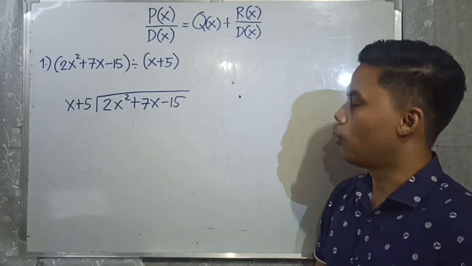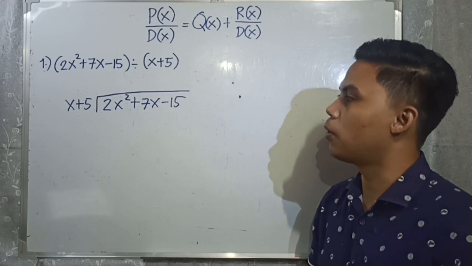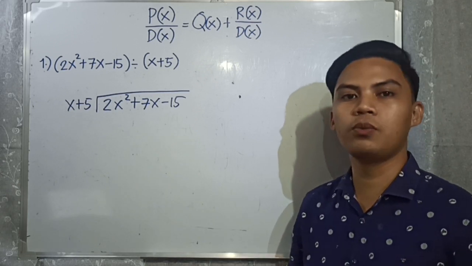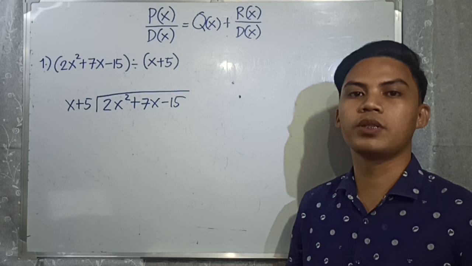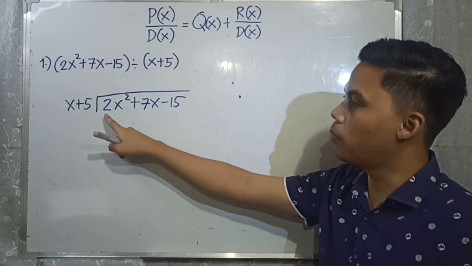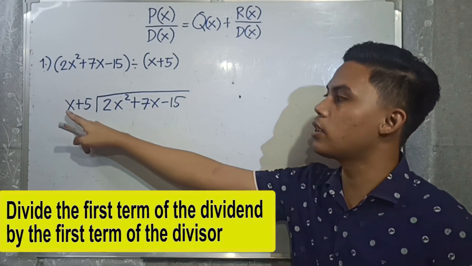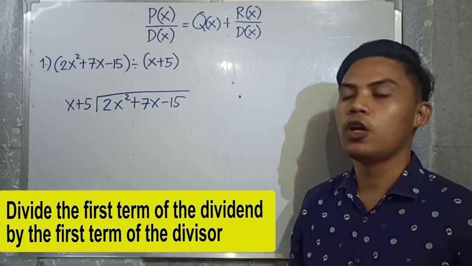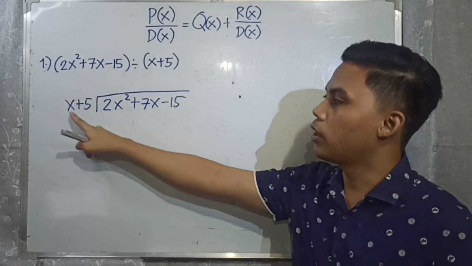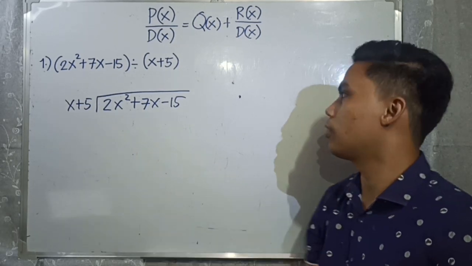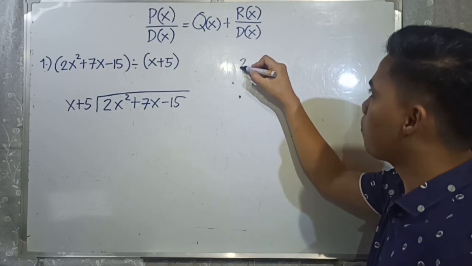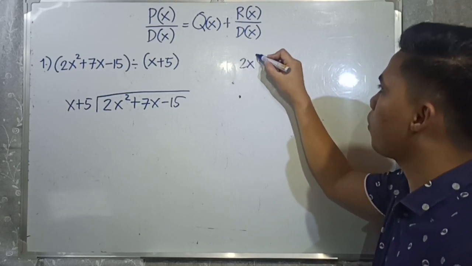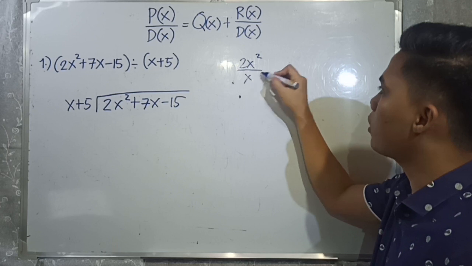Okay. So, how are we going to divide this one? Now, we're going to concentrate with the first terms. Okay. So, yung first term ng dividend, i-divide natin sa first term ng divisor. So, we have 2x squared divided by x. Okay. So, gaya ng na-recap natin kanina, 2x squared divided by x.